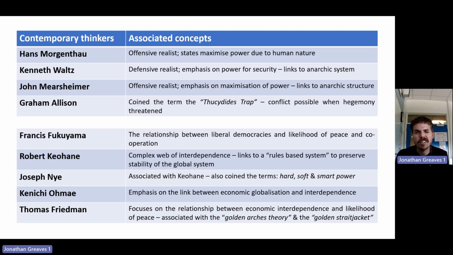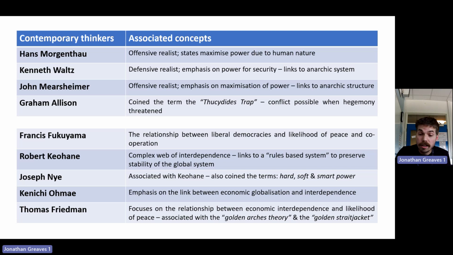This is based on this idea that markets are open to foreign investment and the free-flowing capital that exists within a global economic system means that states that are involved in that global economic system are less likely to go to war with each other. Of course, countries have gone to war with each other that have McDonald's, but the point remains.